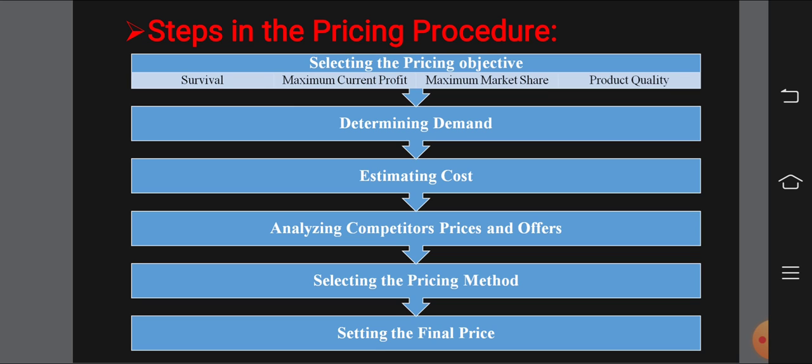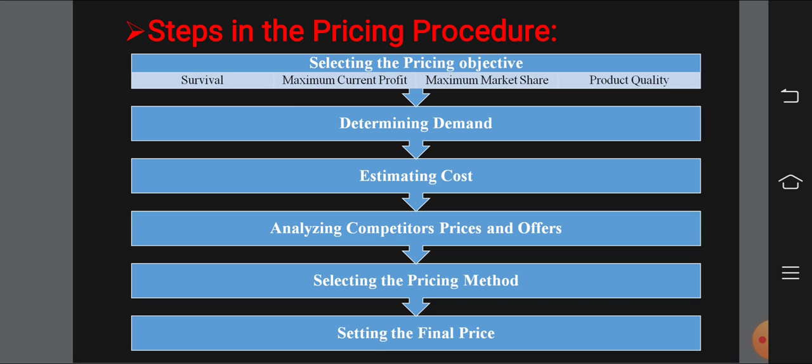And depending on their analysis and their objective, the firm can keep the price low or high or the same as that of the competitor.